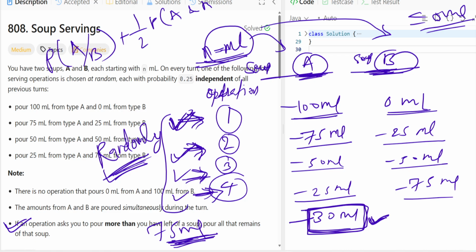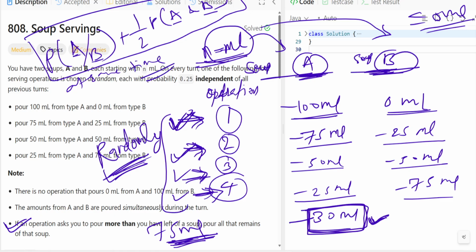So this is the probability we have to return, right? Understand? So this is our goal.